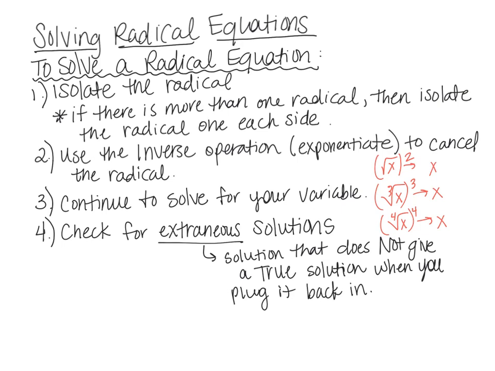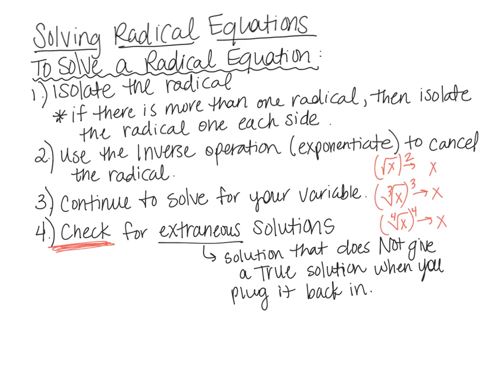So I go back and plug 7 in and I get something that says 3 equals 9. No, it doesn't, right? So that would mean I have a false statement. So even though I solved and got that number 7, it's an extraneous solution because it doesn't check back out. So I have to remember to check my solutions when we're looking at radicals.